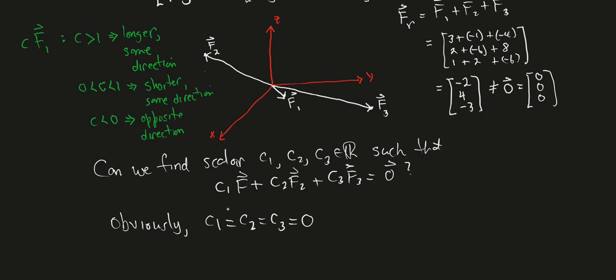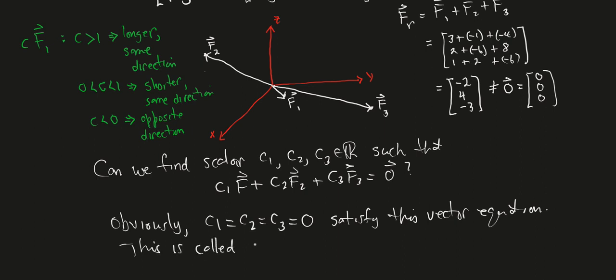If I choose all my scalars to be 0, then these values for the constants satisfy this vector equation. And we refer to this as the trivial solution.